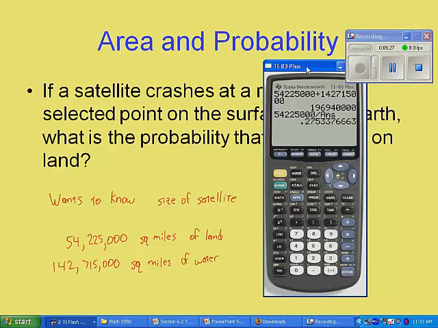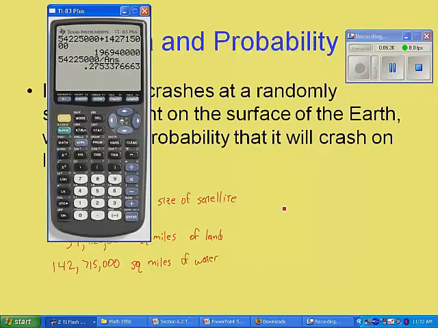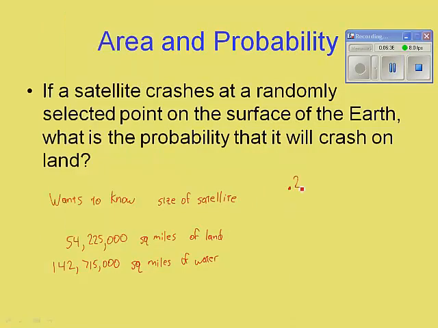So I got 0.275. What does that mean? So 27.5% of the Earth's surface is land. Fine.